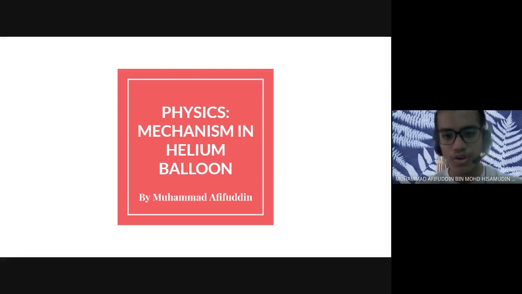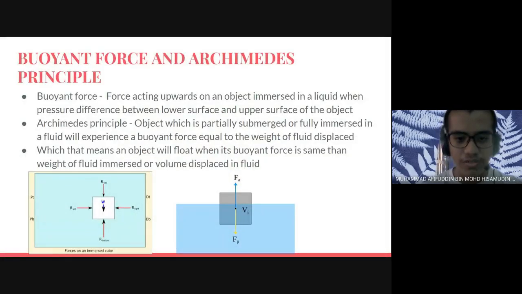Firstly, before we understand the mechanism in a helium balloon, we have to know the principle of the buoyant force and Archimedes principle. The buoyant force is the force acting upward on an object immersed in a liquid when a pressure difference between the lower surface and the upper surface of the object occurs.